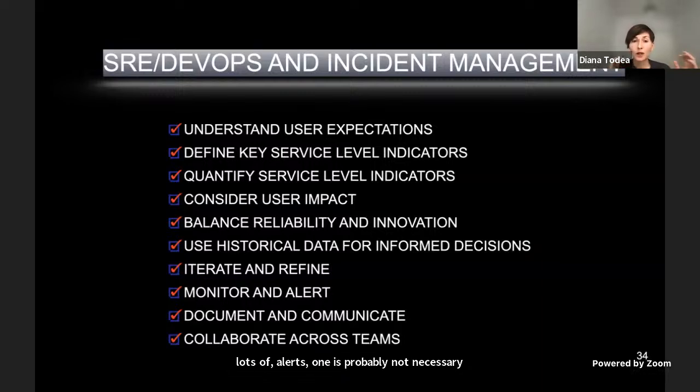Then you need to balance reliability and innovation. That means you need to understand where your product is. You need to constantly be communicating with the other stakeholders and understand, did something happen on the user side? Do I need to change something in the definition of my SLOs, etc.